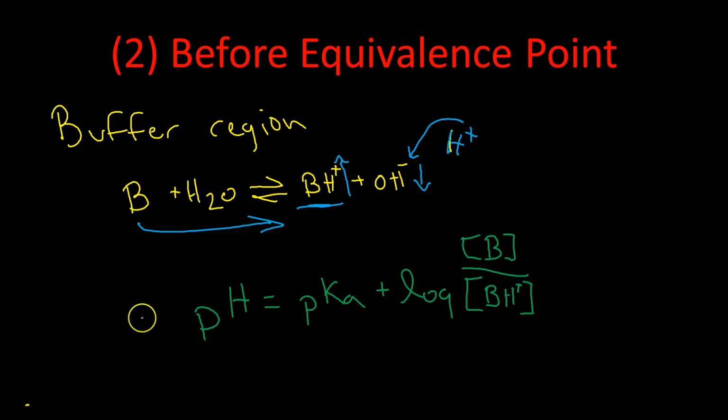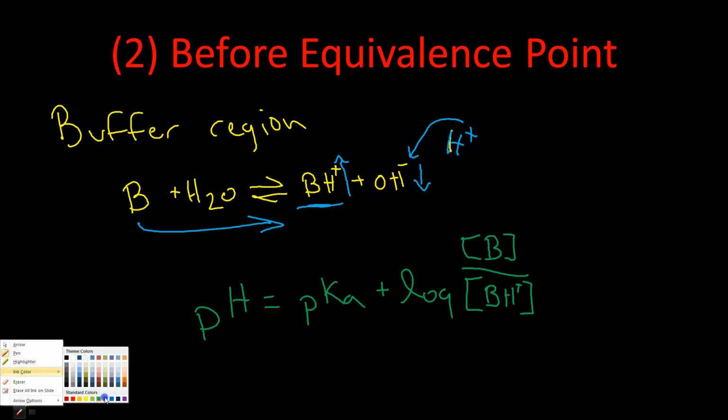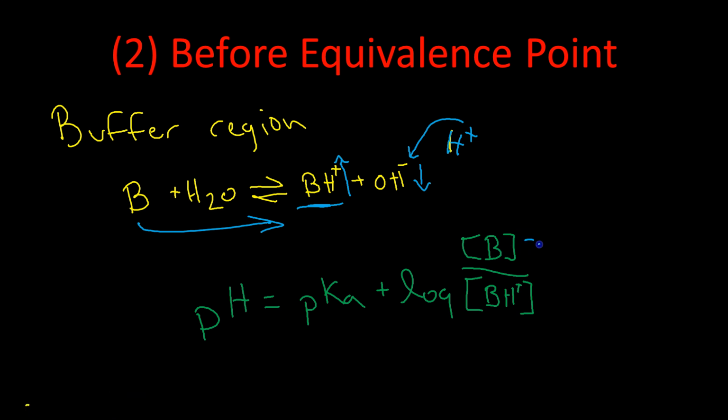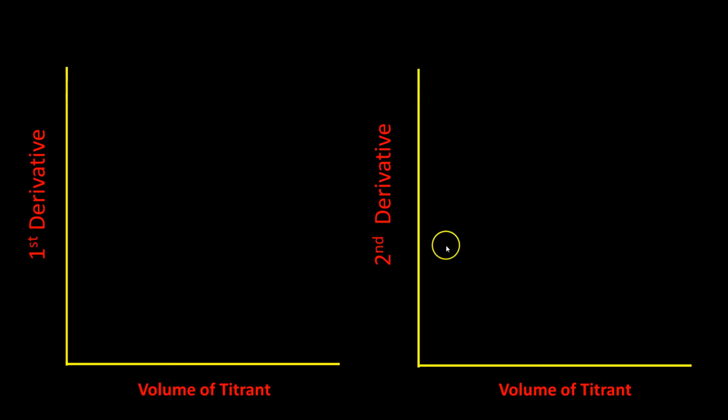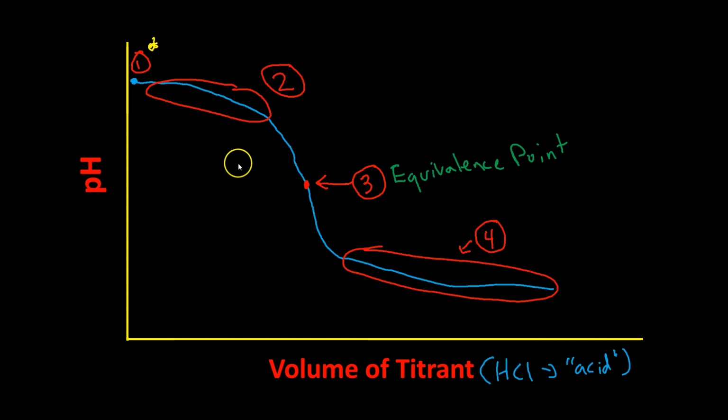As we add more acid, more of our titrant, we're shifting this ratio, increasing the denominator here. So this value becomes smaller and smaller, and the log of it becomes more and more negative, and we end up decreasing the pH overall.